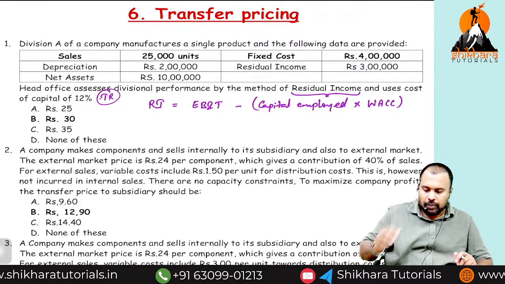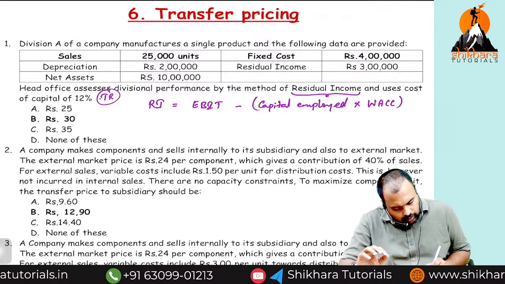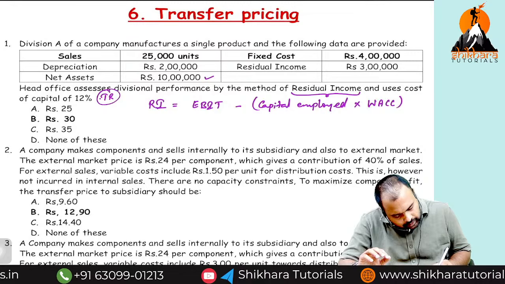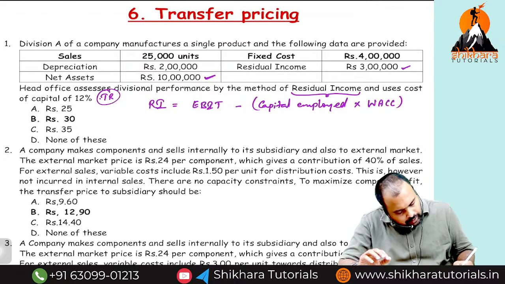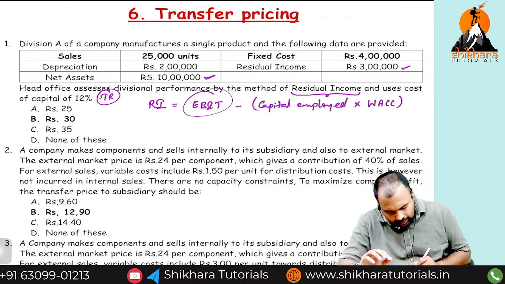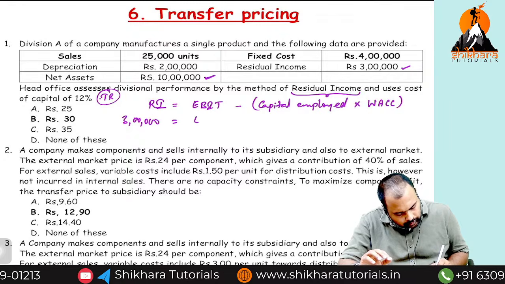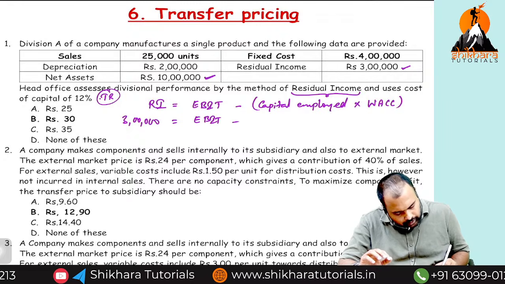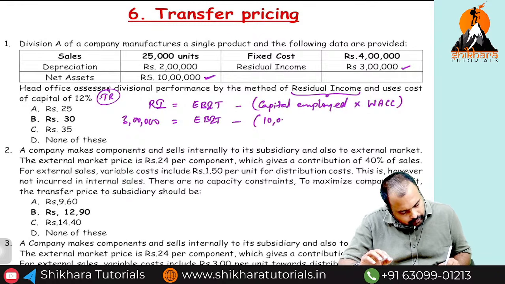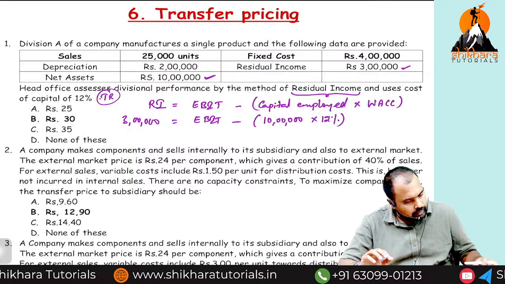But the divisional performance is based on RI, they are saying, and capital employed is given as 10 lakhs. Net assets is nothing but capital employed, and RI is 3 lakhs. Based on that, let's find out how much profit we are supposed to get. That implies 3 lakhs is equal to EBIT minus capital employed 10 lakhs, WACC is 12%.